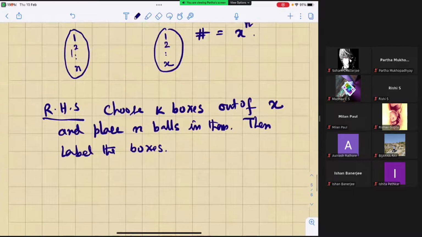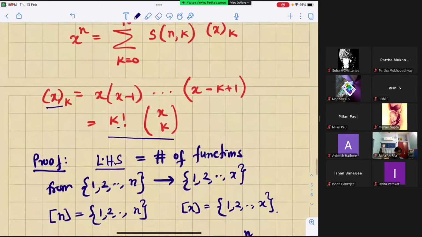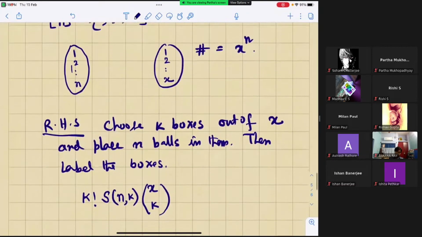That's nice, right? So you choose k boxes out of x, in x choose k ways. Once you have these boxes, you can think of them as identical at the moment. So you can place the n distinct balls into them in this many ways, and then you allow your boxes to be labeled. And all of them should be non-empty, right?